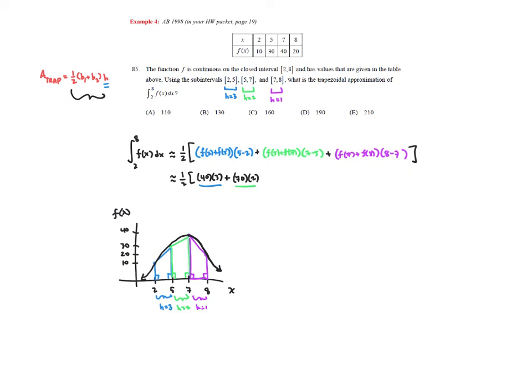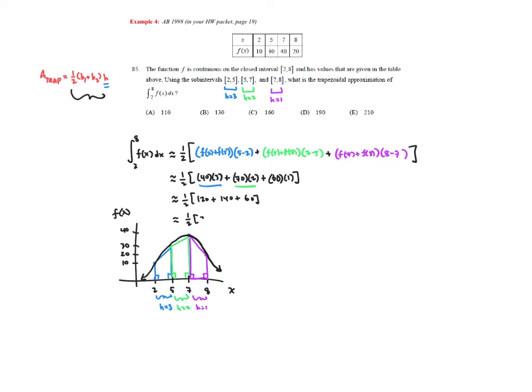And then for the purple, f of 7 plus f of 8, which is 60, times 1. Okay, I'm going to take half of that sum. That'll be 1/2 of 120 plus 140 plus 60, which will be half of 320.